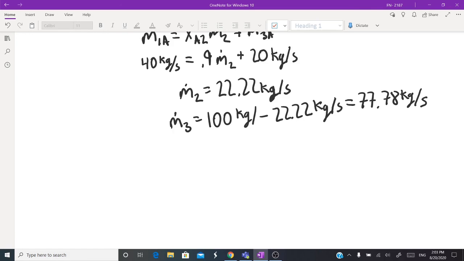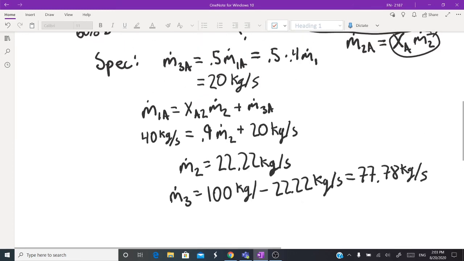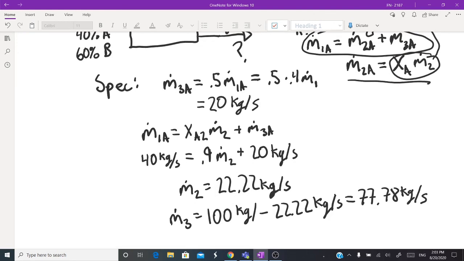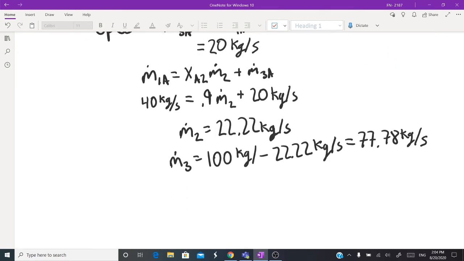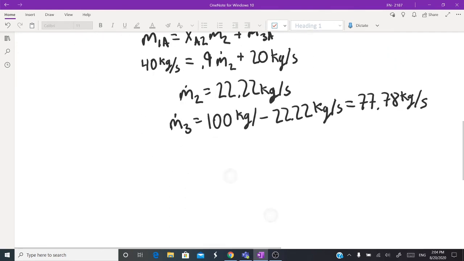In order to get that composition, we can put it back into one of these equations. So you see that M3 times X3A is equal to M3A.